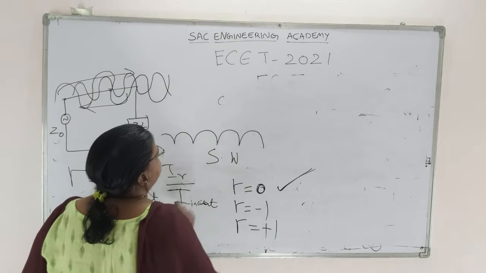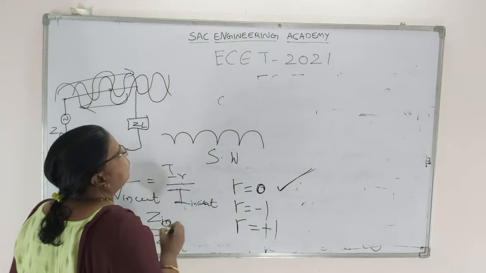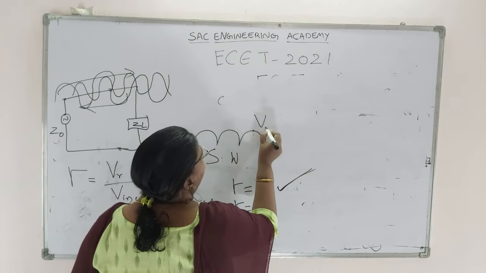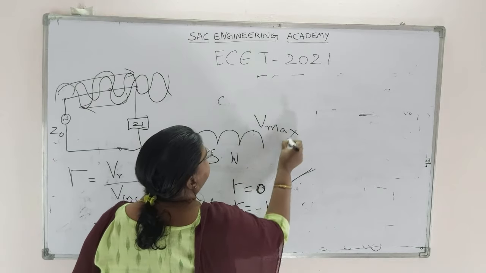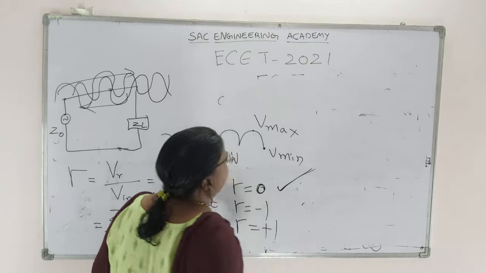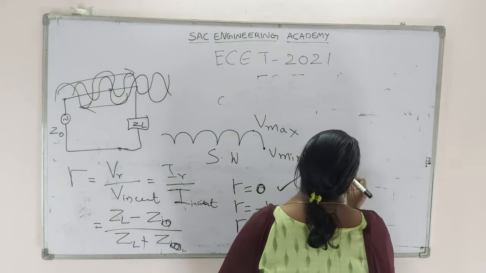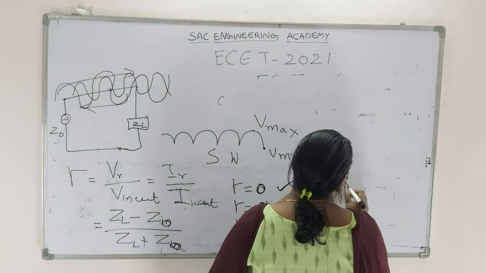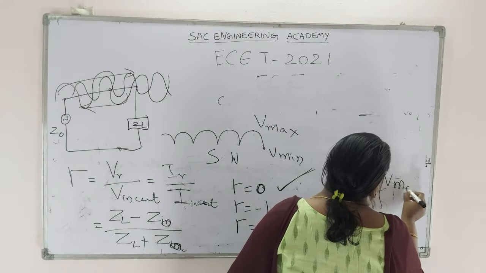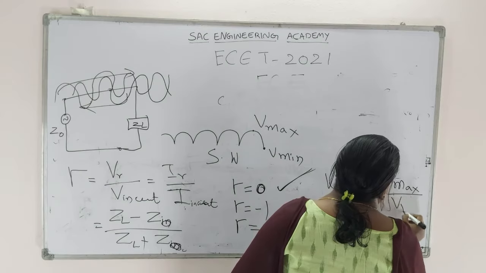In this standing wave, take the voltage: this is the Vmax and this is the Vmin, or in terms of current, Imax and Imin. This is denoted by the voltage standing wave ratio, Vmax by Vmin.